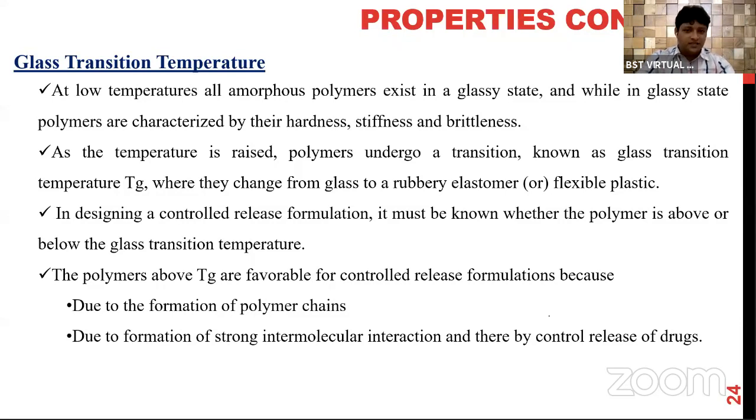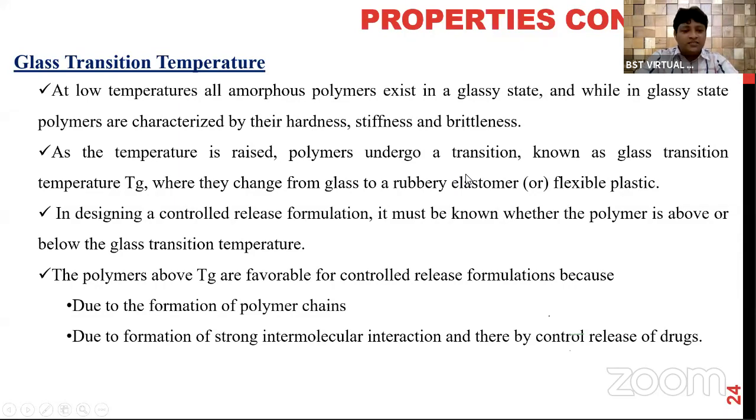Its hardness, its stiffness, its transparency, its texture. These properties can be observed physically whenever the temperature is low. When the temperature is raised, when the glass temperature becomes higher, the polymer in this glass will undergo some transition.